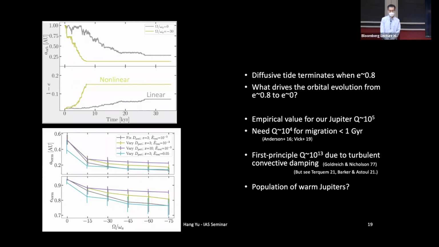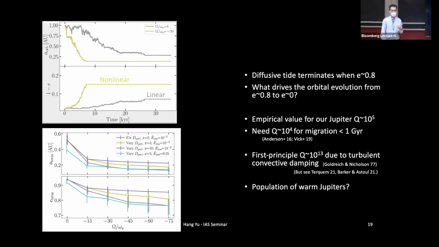Another significant thing I would like to mention is that we don't really understand what happens to the orbital circularization once this diffusive tide terminates. Even under the most optimistic assumption, this diffusive tide can only drive the orbital circularization to something like e of 0.8. What happens next is unclear to us.